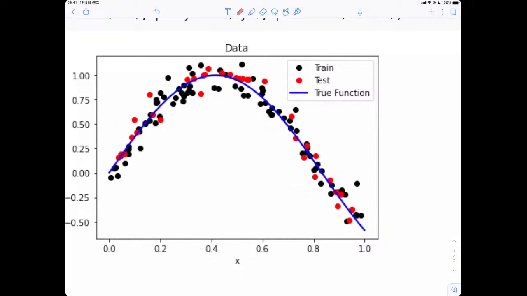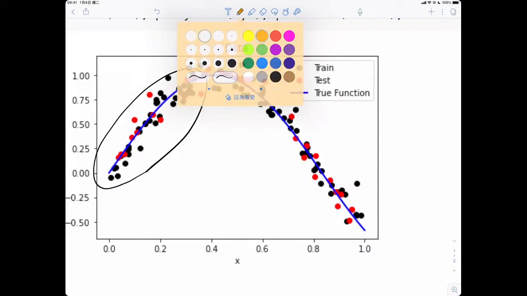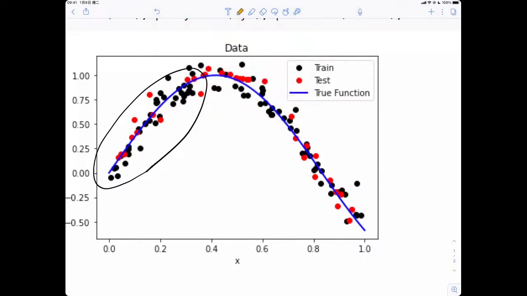If your neural network does not perform quite well, you have to think about it. Maybe the data set you collected from somewhere only covers the data right here. So you think, okay, this data set looks quite easy because it looks linear, so you may create a wrong regression line like this.